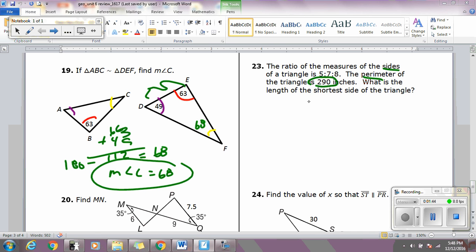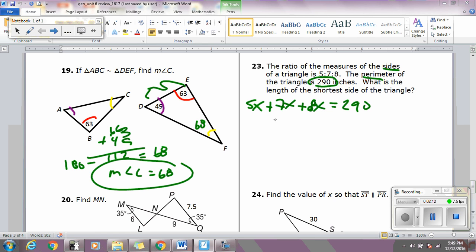So we're going to take this extended ratio, similar to how we did with the problem with the angles, and add a variable. So 5x plus 7x plus 8x, and we're going to equal it to the perimeter, not 180, because again, these are sides, not angles. And the perimeter of this triangle is 290.